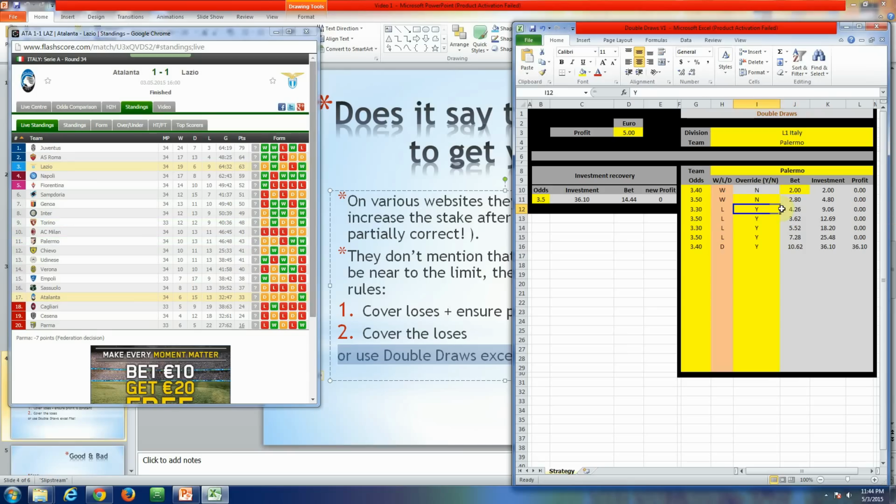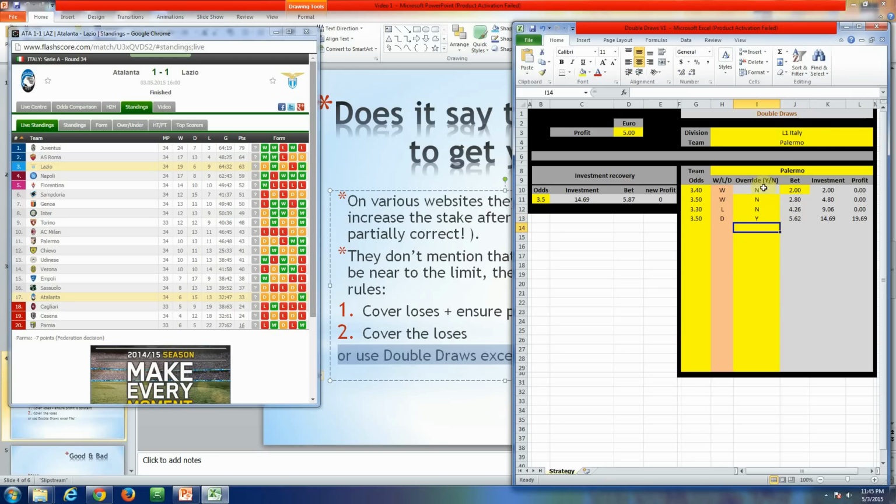So meaning if we go with the 4 games, we will have without this, so this is a draw, but we didn't want to risk too much, and we don't have a profit because we put Y here. If we would have selected N, going back to what I said, it will increase the bet, it will increase the investment, but we would have some profit. And we put Y here because starting with the next game, the profit will be 0.